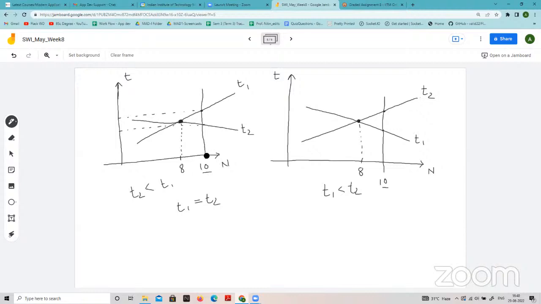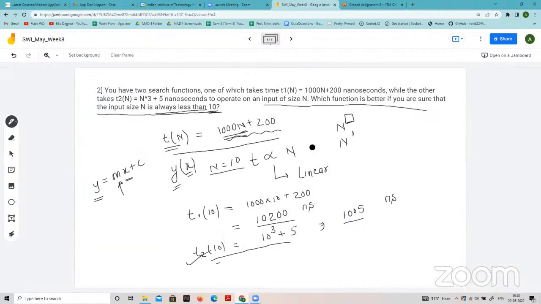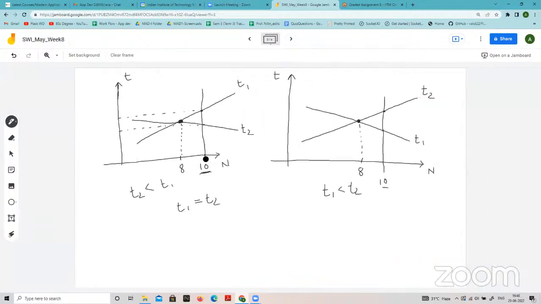So here I found that for n equal to 10, my T2 is better. And for this question, which function is better if you're sure that input size n is always less than 10? If I see this, what is happening?